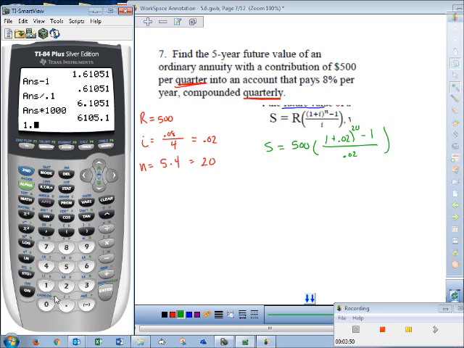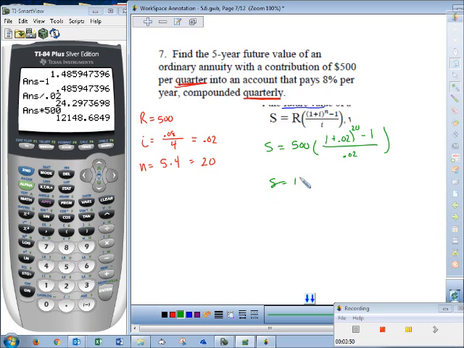So 1.02 to the 20th, equals, minus 1, equals, divided by 0.02, equals, and then times 500. So $12,148.69 basically.